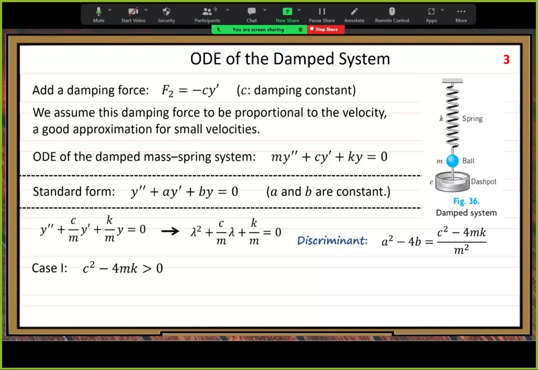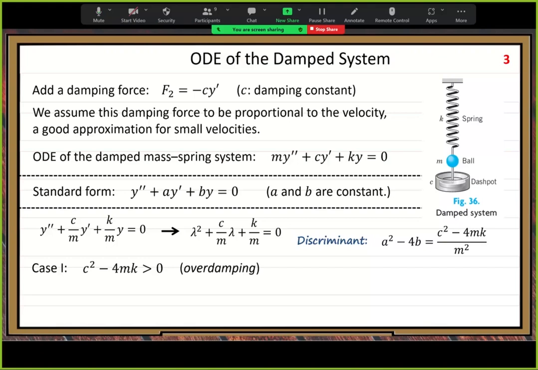That means the damping force is relatively large, so we call this the overdamping system, because the damping coefficient is higher than some threshold, some line.